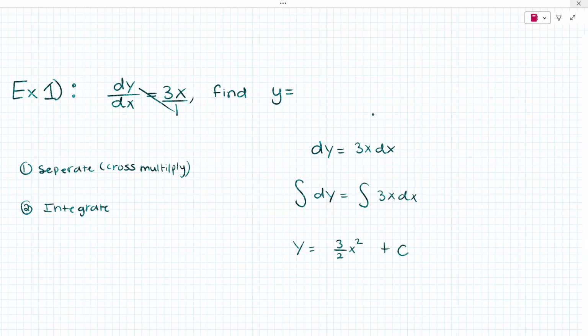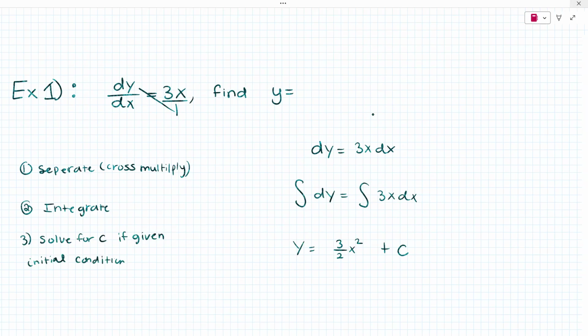Now, step 3, solve for c if given an initial value. Unfortunately, we do not have an initial value. We don't have a coordinate, an x or a y coordinate.